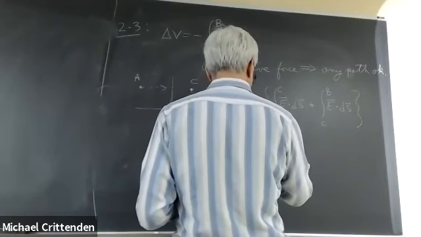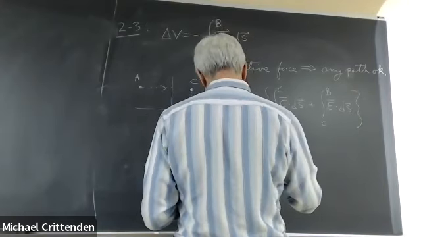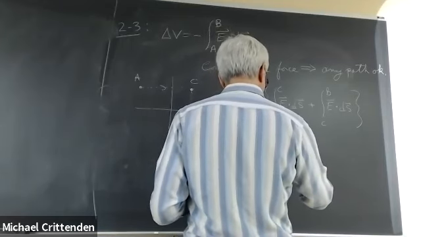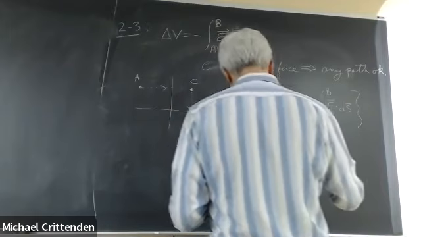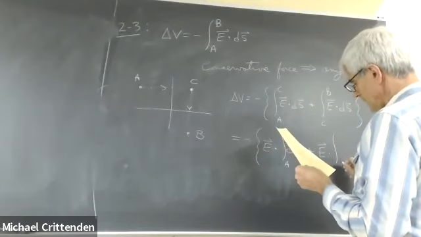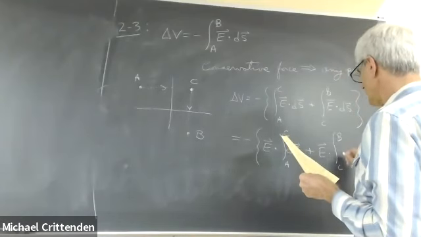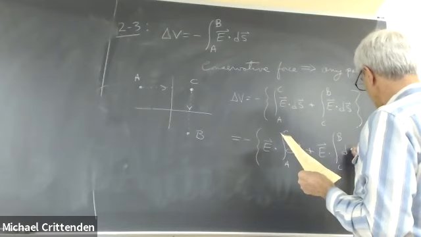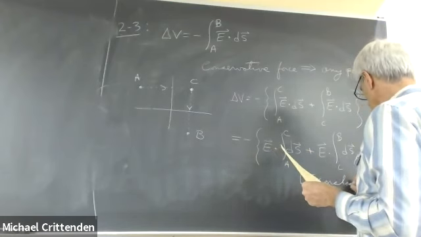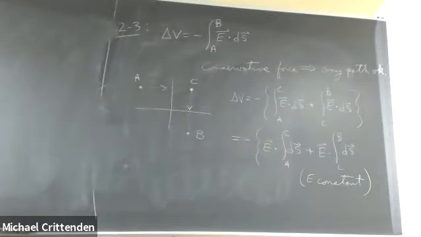So we've got E dotted with that plus E dotted with that. So because E is constant, I can move it out in front of the integral.